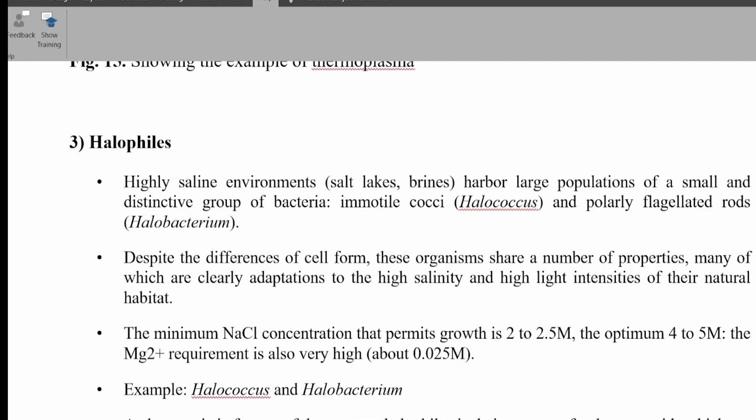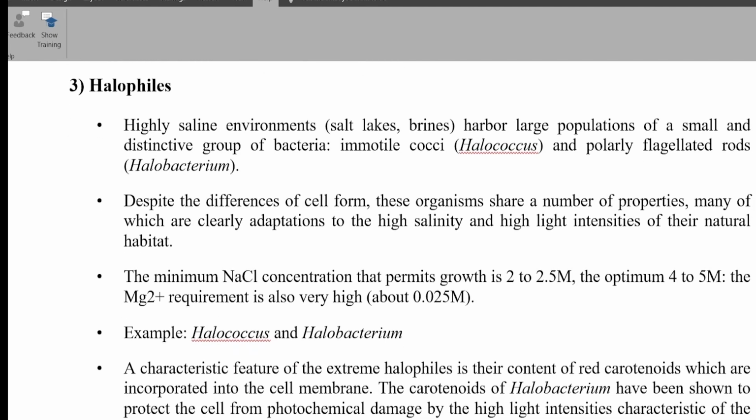The minimum NaCl concentration that permits their growth is 2 to 2.5 molar, while the optimum range is 4 to 5 molar. The magnesium requirement is also very high in this group of bacteria. Very common examples are Halococcus and Halobacterium.